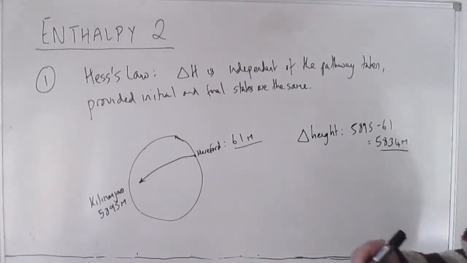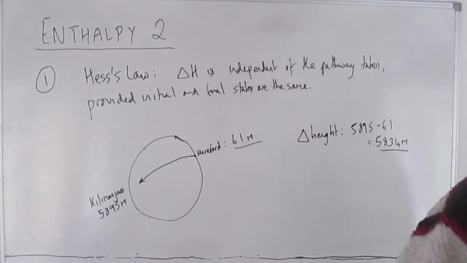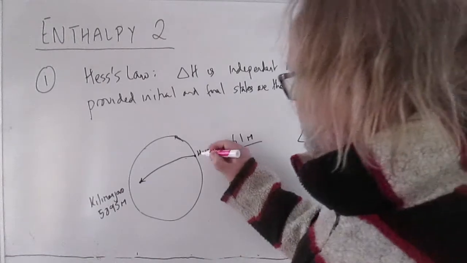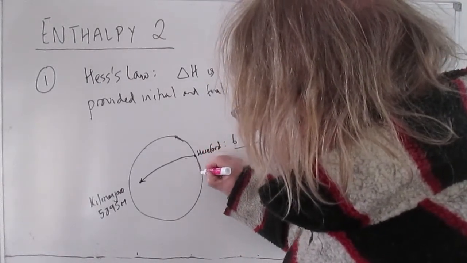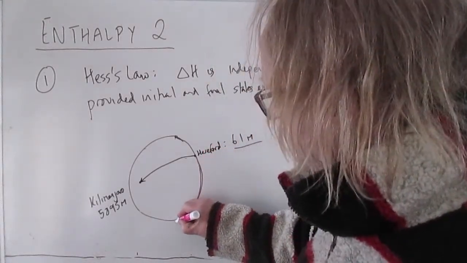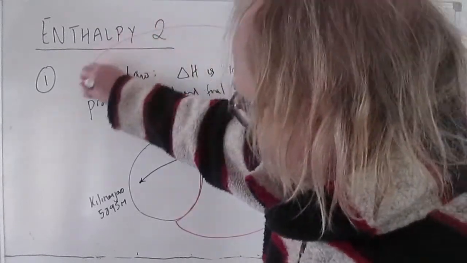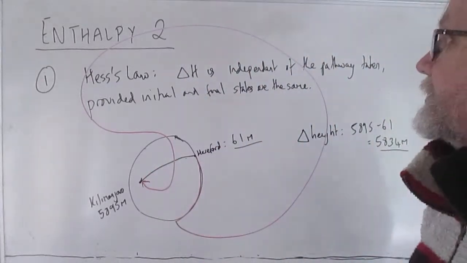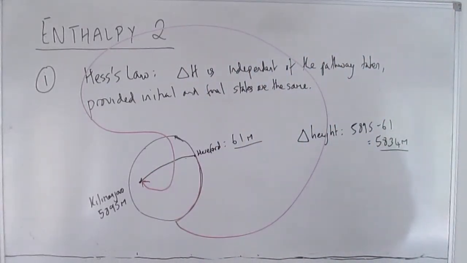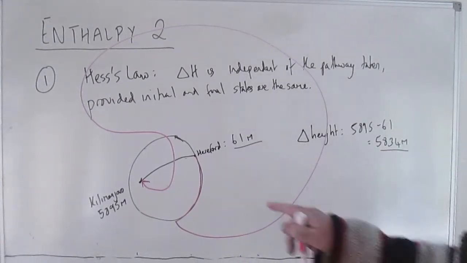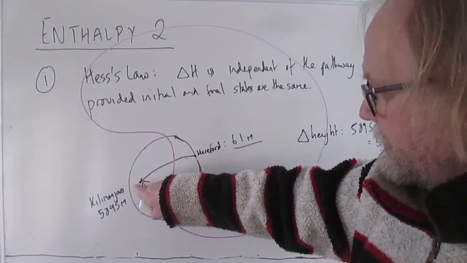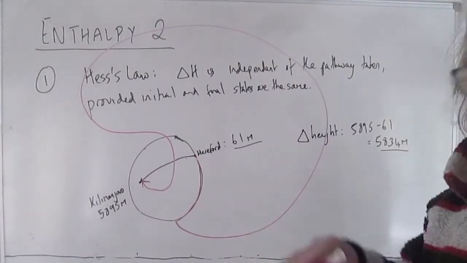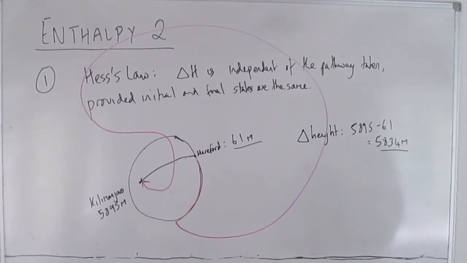Now suppose instead you decided to take an alternative strategy, which would be to go down to the South Pole, then go into space and do some enormous complicated route, and then land on the top of Kilimanjaro like that. Okay, so you've taken a completely different route, but you can see that the difference in altitude when you stop compared to when you start is the same. It really doesn't matter how complicated a route you've taken in between.